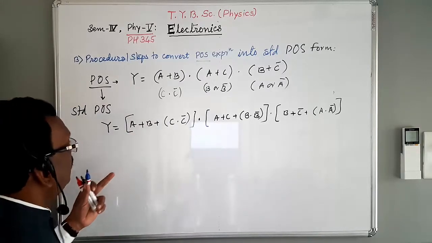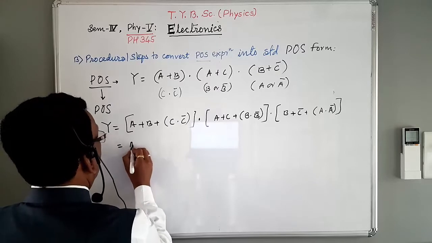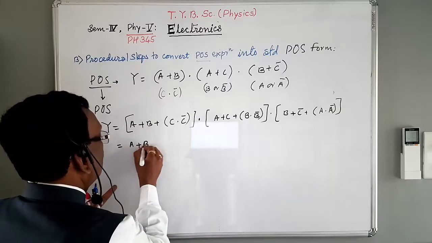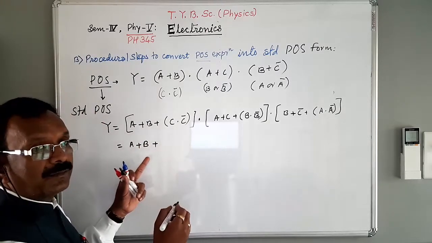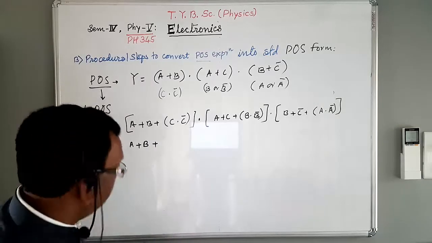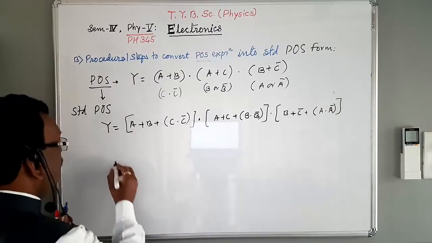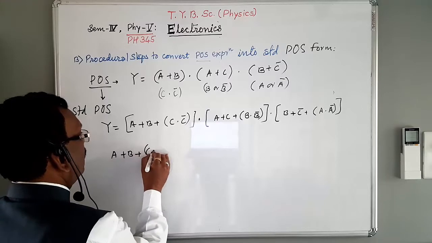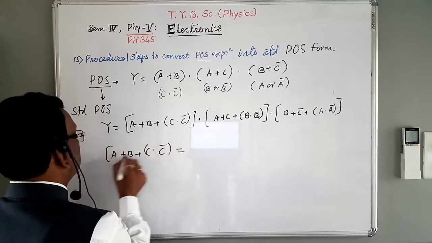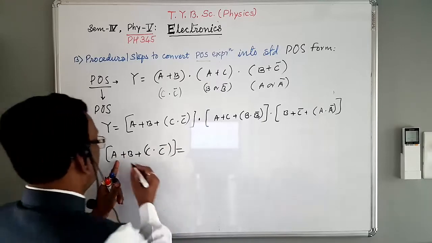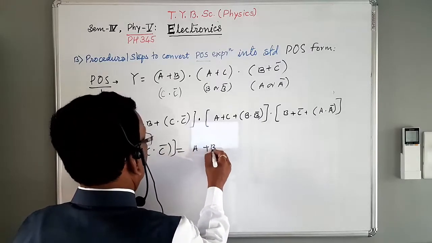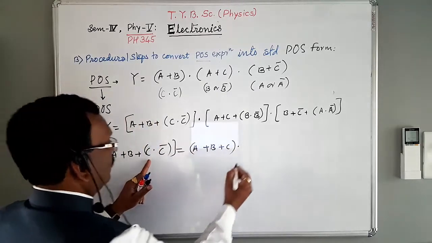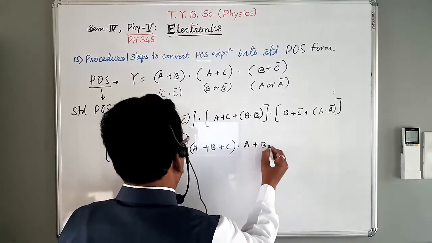Now, to simplify this equation, we can see the terms one by one. A plus B plus C into C bar: solving this term, the result is (A plus B plus C) into (A plus B plus C bar).